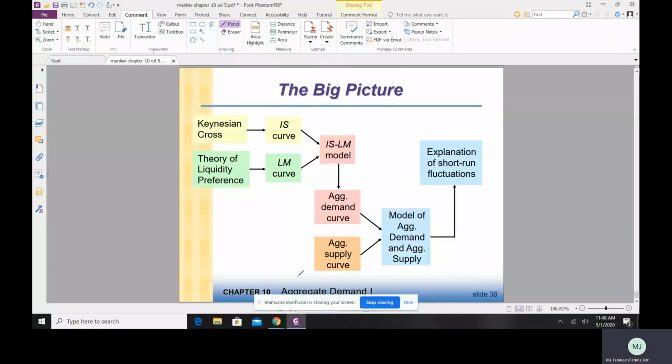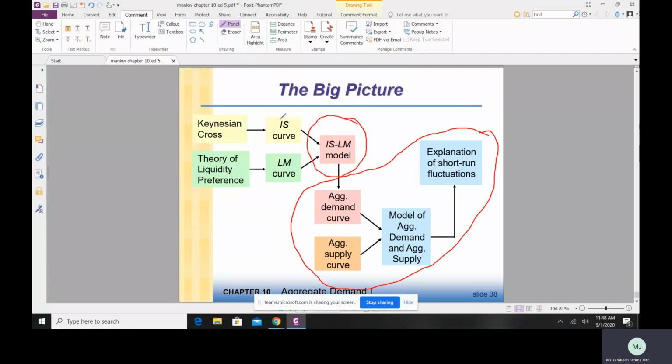Now this is the final slide. I told you that in chapter 9 we established this part, where we started with the aggregate demand and aggregate supply model. In this chapter, we have developed the IS and the LM model.